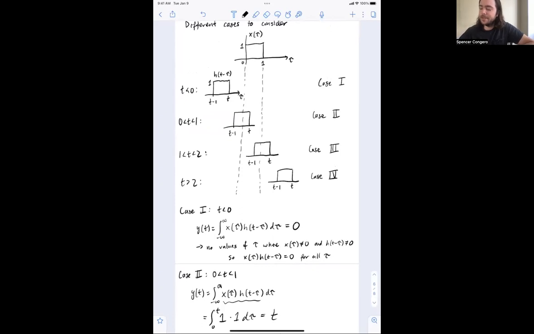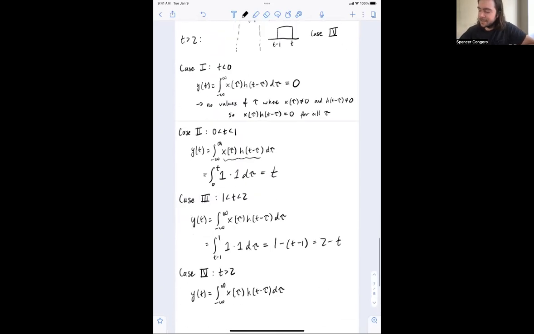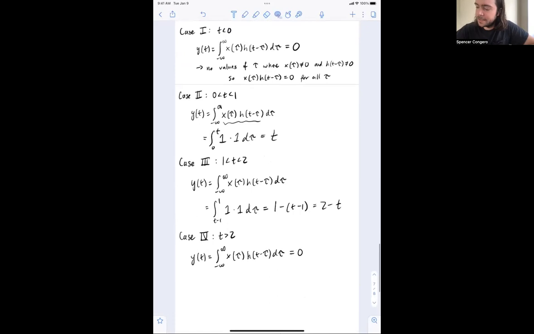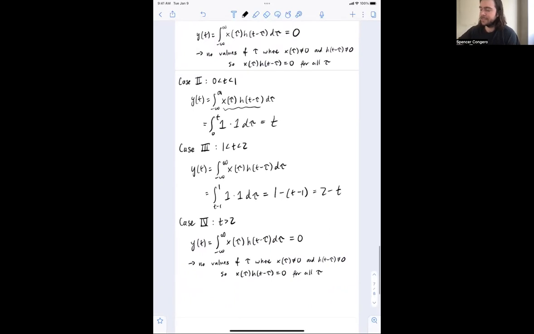So for every tau value, this product is always 0. So we just get 0. Okay, and I'm going to copy the same justification. There are no values of tau where both of those functions are non-zero, so their product is 0 for all tau. You can see it visually up above pretty easily.